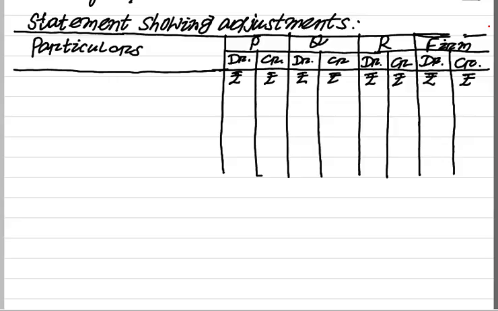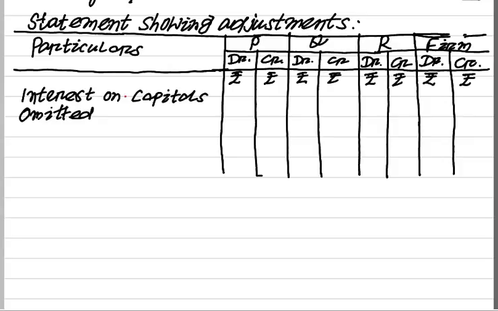They have omitted interest on capitals. The interest on capital was omitted at the rate of 10%.